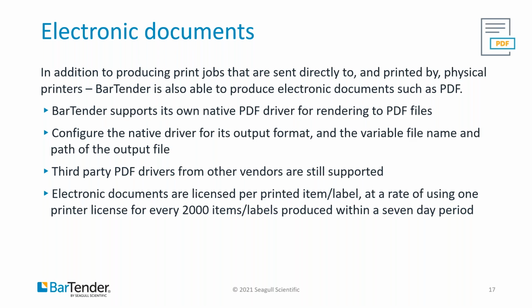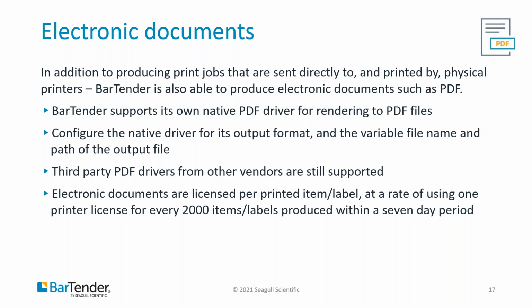And indeed, with PDF, we support our own native PDF driver for rendering PDF files. And you can configure how the PDF is outputted in the format, if it needs to be locked with a password, etc. And also you can specify the variable name and path of where the PDF is outputted to.